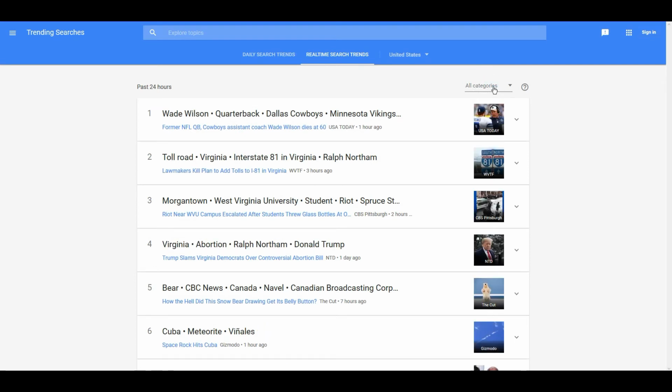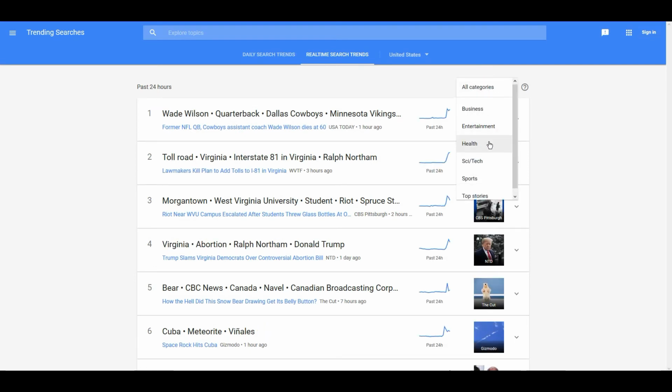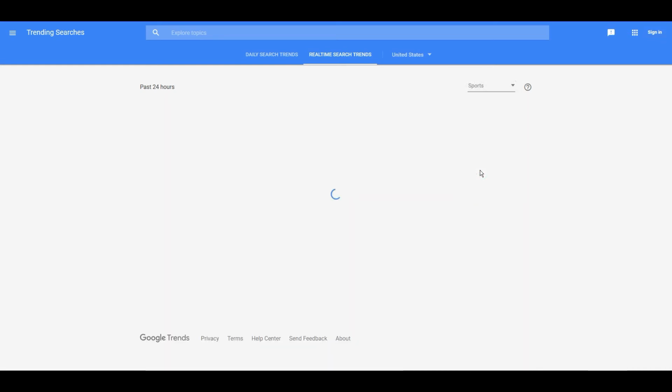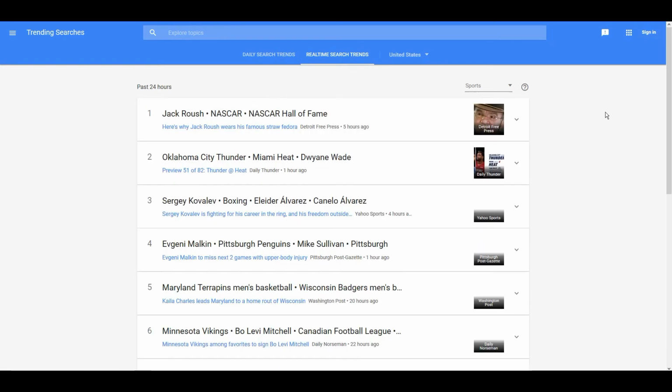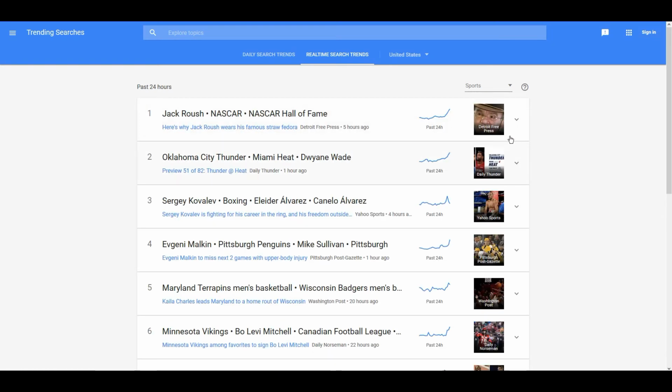And then you can also search by categories, which is really cool. So maybe I'll go here and be like, sports, right? Maybe I only want to see the trending sports stuff. Maybe I just want to know what's going on there. And so I can see real time, past 24 hours, that these are the hot things right here. And then I can change that.